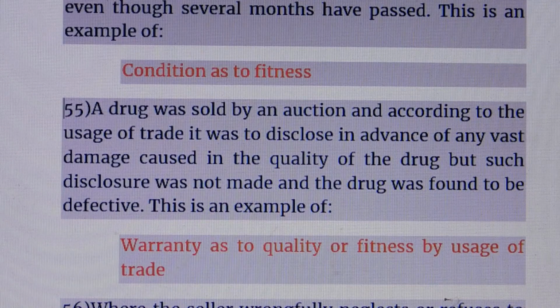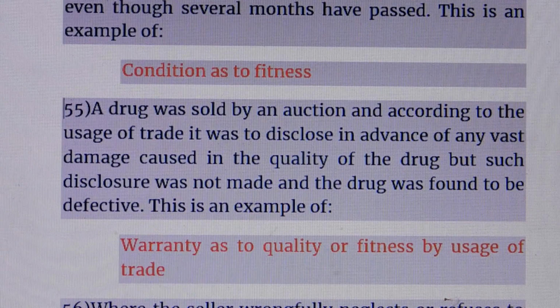Question number 55. A drug was sold by an auction and according to the usage of trade, it was to disclose in advance of any vast damage caused in the quality of the drug. But such disclosure was not made and the drug was found to be defective.